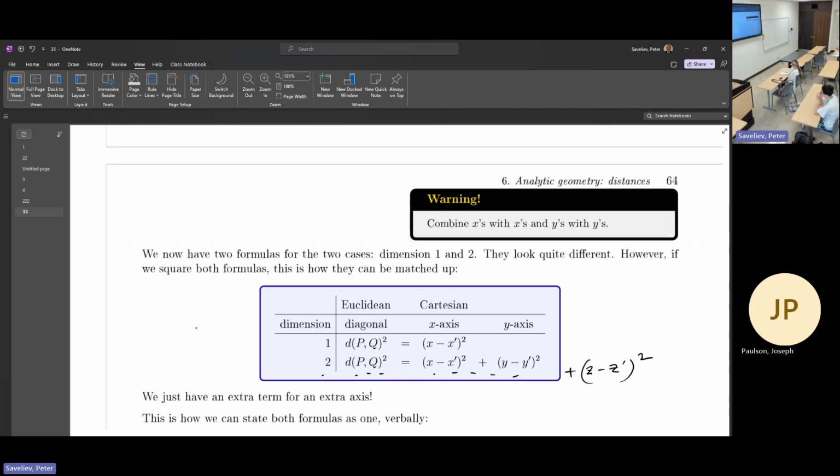Once you see that pattern developing, you can make an educated guess about how we are going to compute the distances in high dimensions, including 3. But then, do we really stop at 3? Can we do 4?